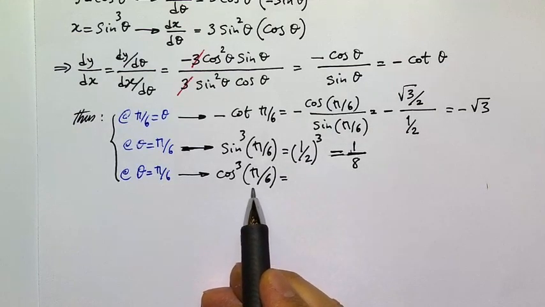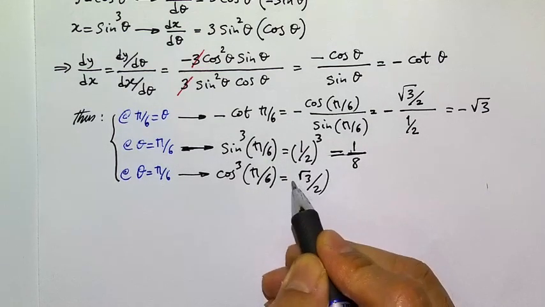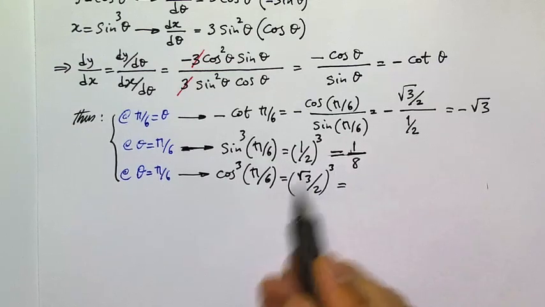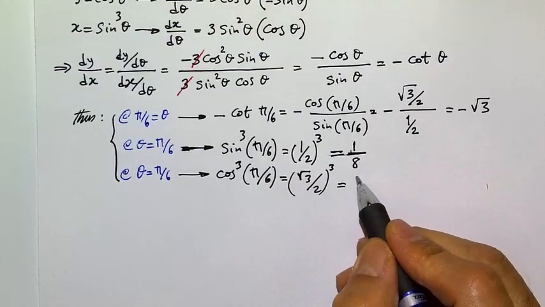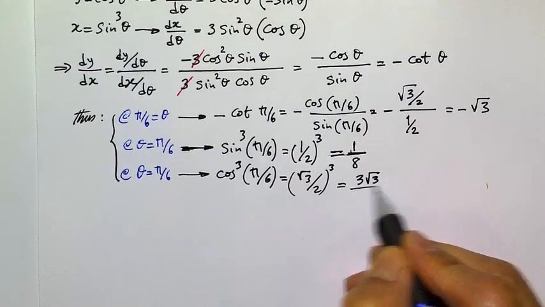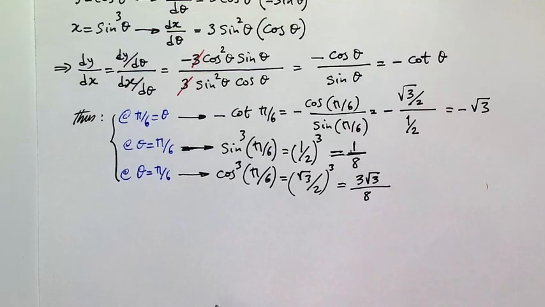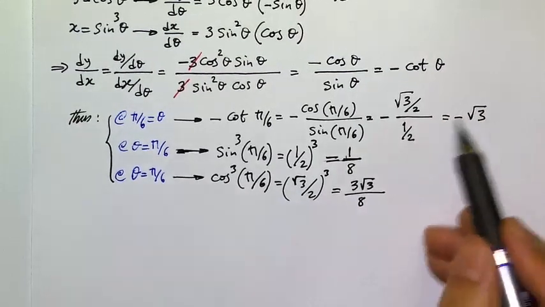We know that cosine of pi over 6 is square root of 3 over 2, so we have square root of 3 over 2 cubed. Distributing the power, we get 3 square root of 3 over 8. So we have the slope of the tangent line, which is that.